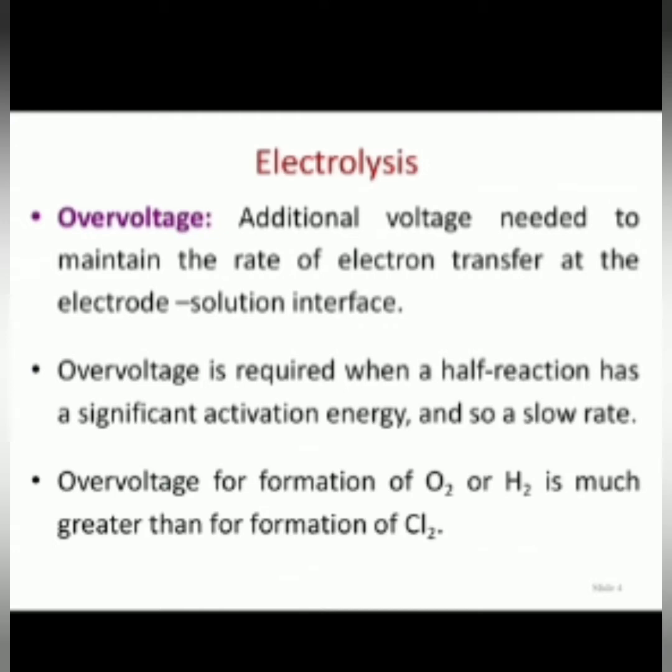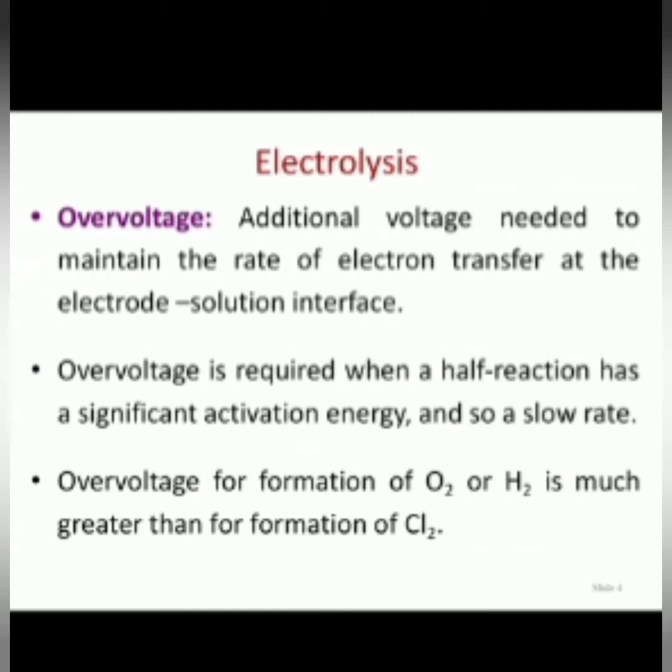Electrolysis and overvoltage. Overvoltage is the additional voltage needed to maintain the rate of electron transfer at the electrode-solution interface. But what do we mean by overvoltage?